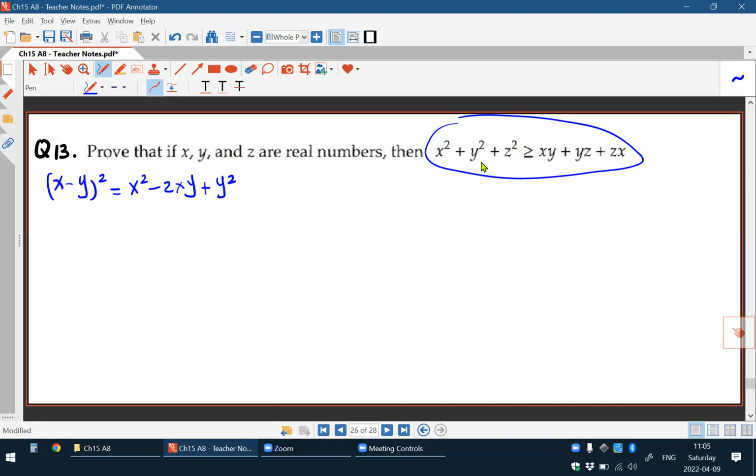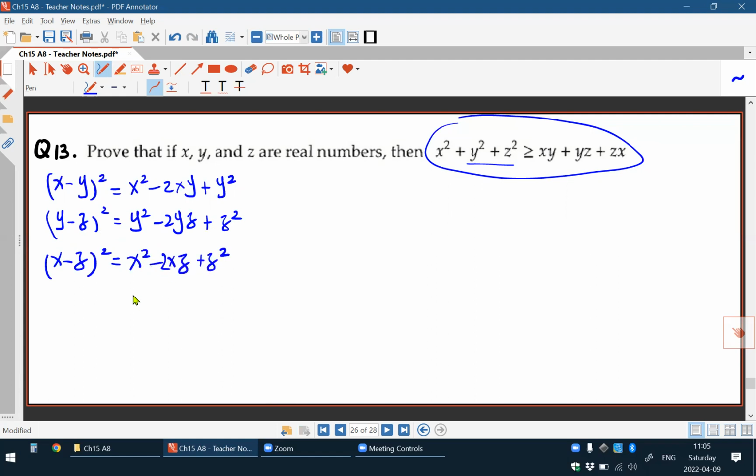And we also have y squared and z squared. So probably we will also use y minus z squared, which equals y squared minus 2yz plus z squared, right? And for x and z, we can try using x minus z squared. This equals x squared minus 2xz plus z squared, right?